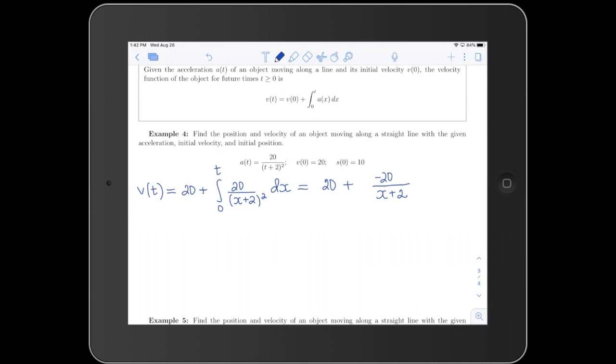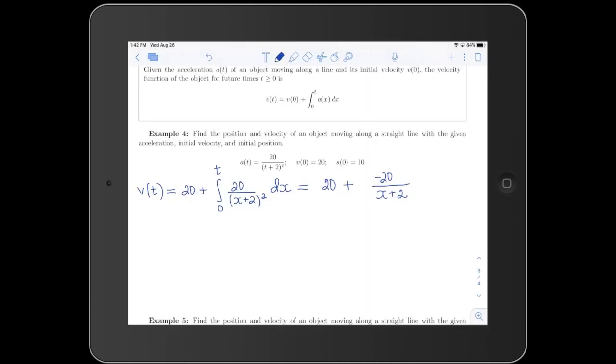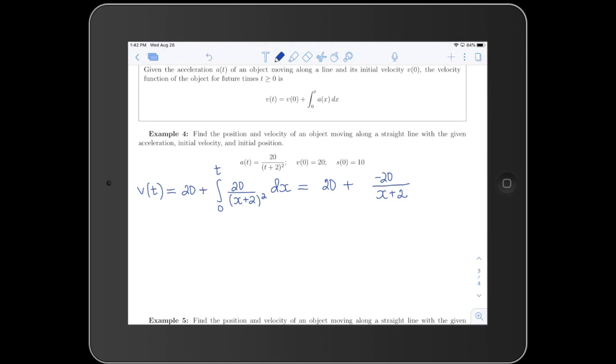Okay, you can also think about 1 over x plus 2 squared as x plus 2 to the negative second power. Okay, and then you say, oh yeah, so you can apply the power rule and find your antiderivative. So your antiderivative in this case is negative 20 over x plus 2. You can check real quick. If you take the derivative of this, you should get the expression in the integrand. Okay, and we evaluate this from 0 to t.